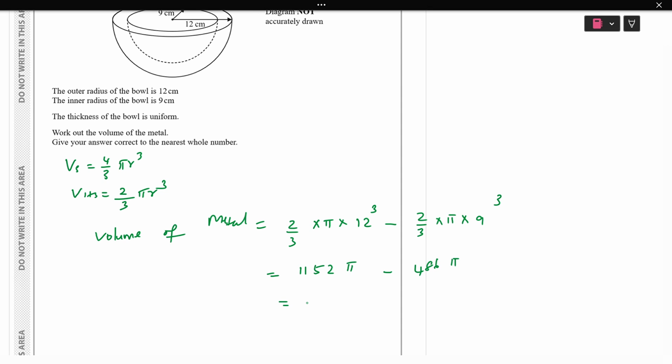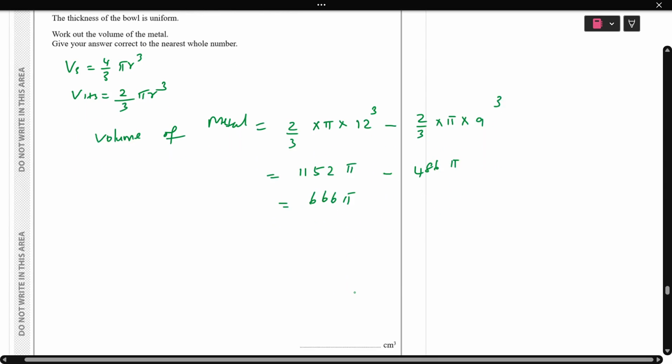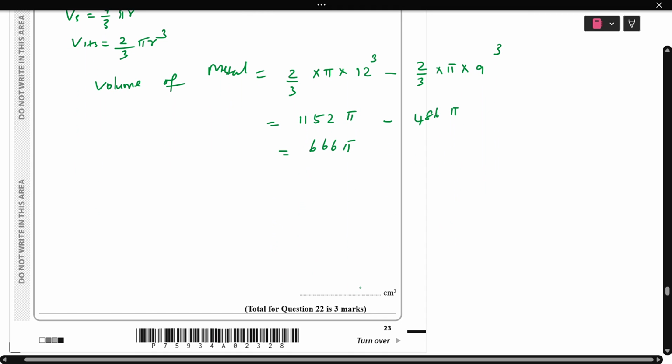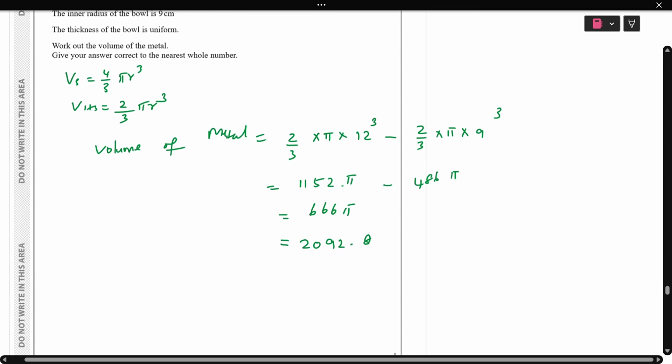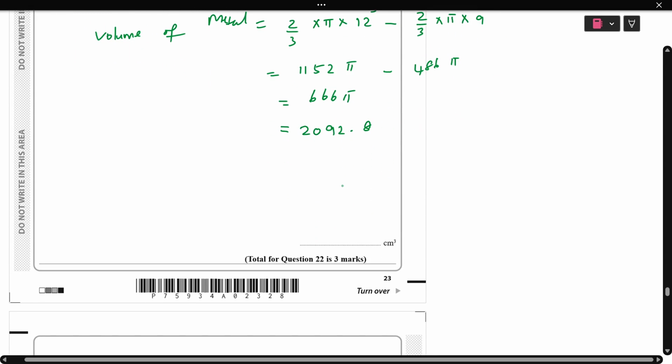After subtraction we get 666 pi. When we change into decimal, applying pi, we get 2092.8. The question asks for the nearest whole number, so it's going to be 2093.